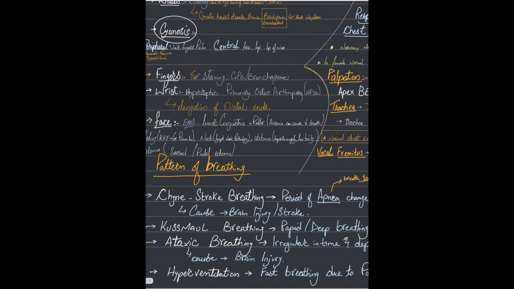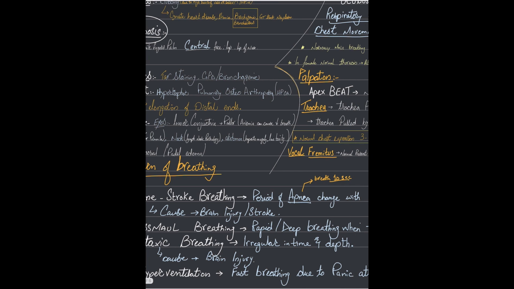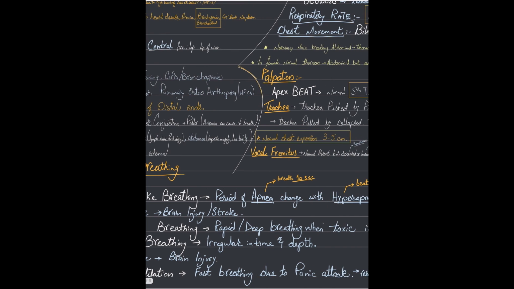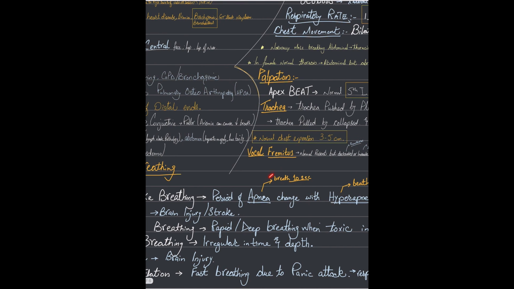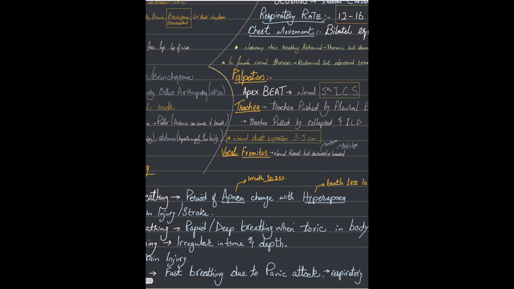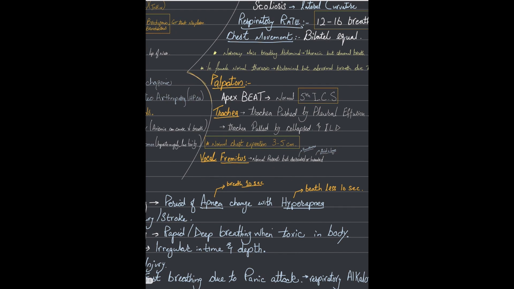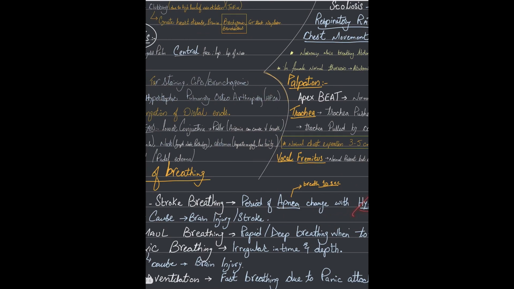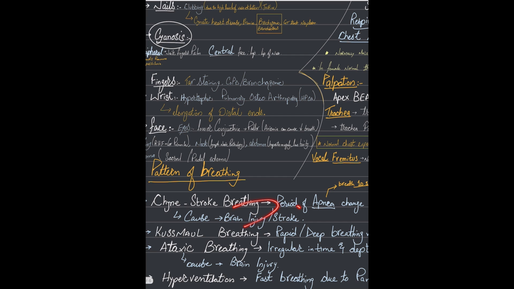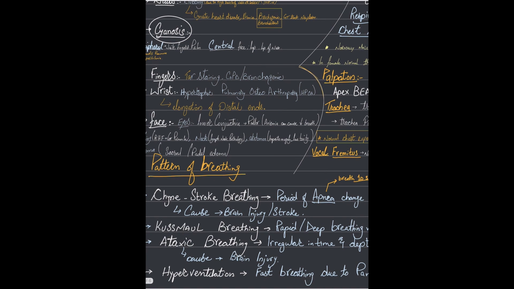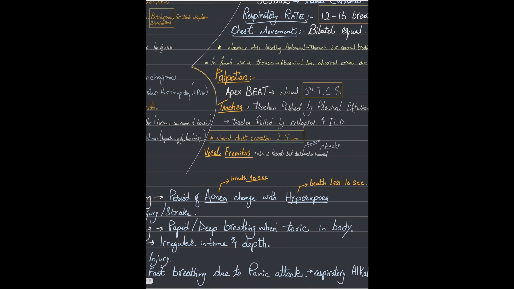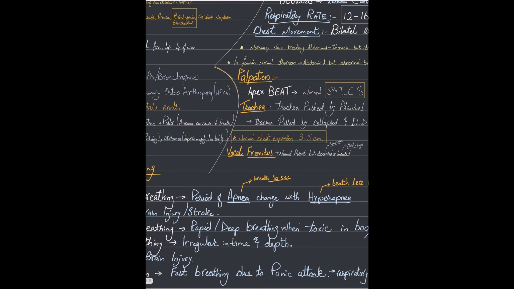So now we see there are some patterns of breathing, special breathing patterns. First is Cheyne-Stokes breathing, due to a period of apnea changing into hyperpnea. Hyperpnea breathing in between 10 seconds, and a breathing pattern less than 10 seconds is called hyperpnea. Mostly it's caused by brain injury and strokes. And Kussmaul breathing, rapid breathing when there are toxins in the body.